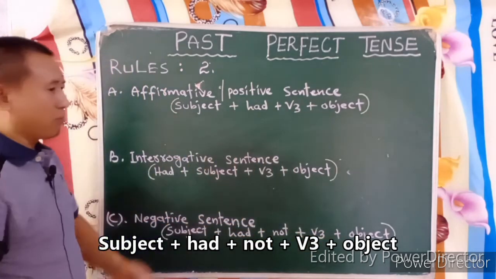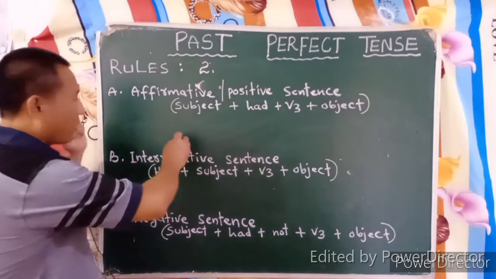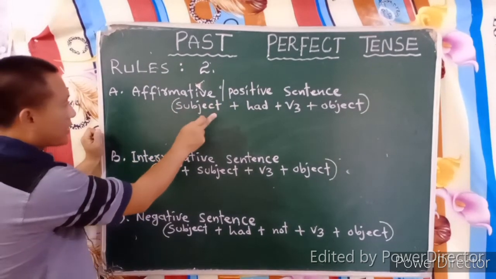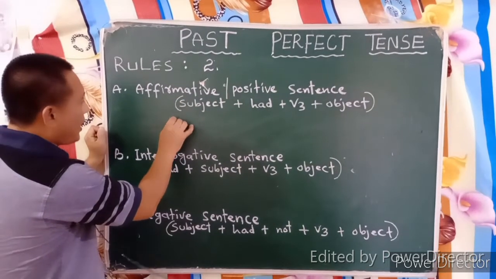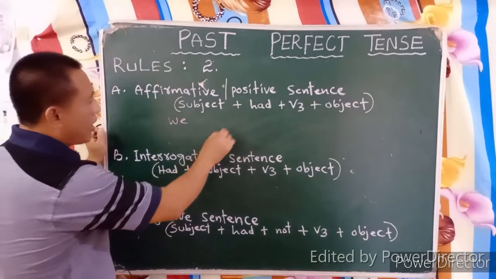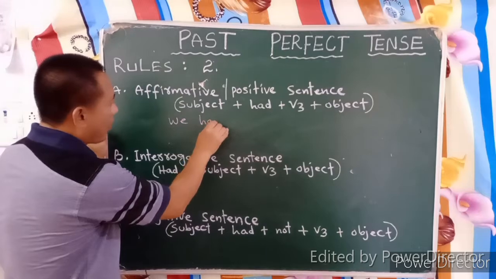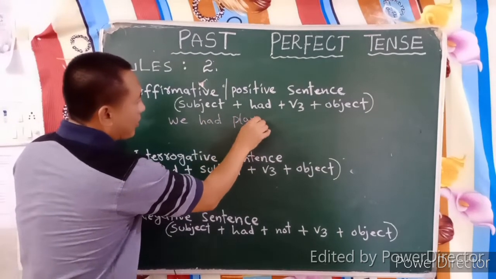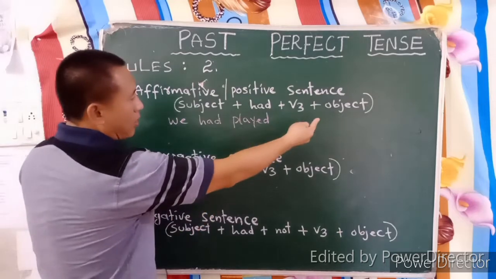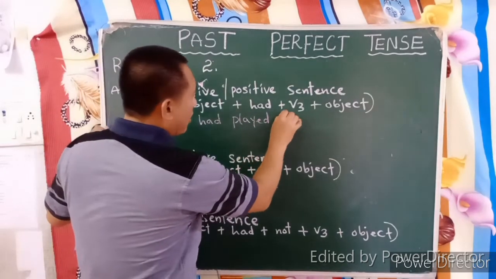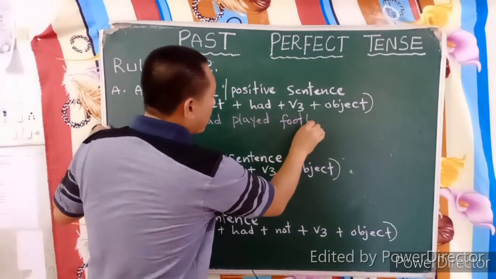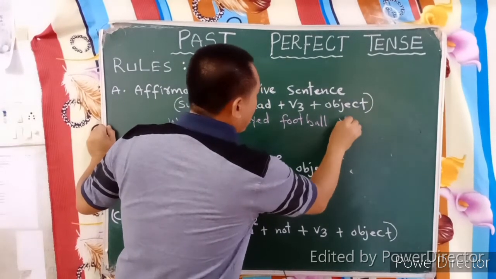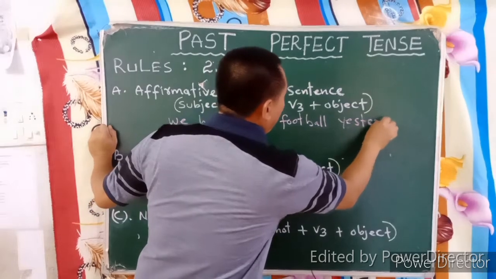Let me give you one or two examples. Affirmative sentence: subject, we; had; V3, played; object, football yesterday.